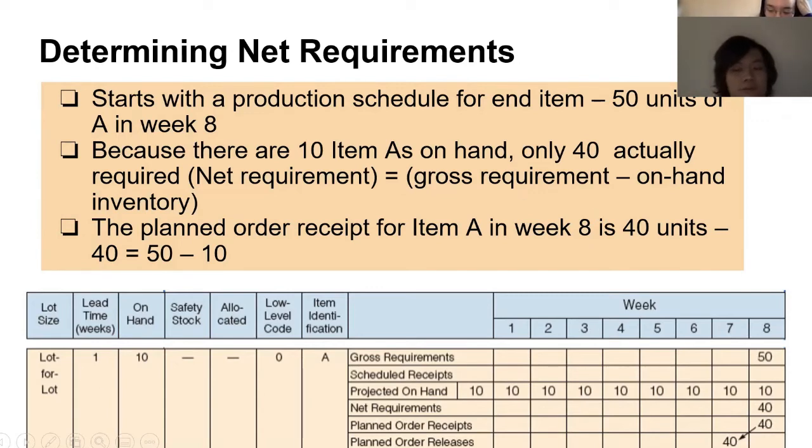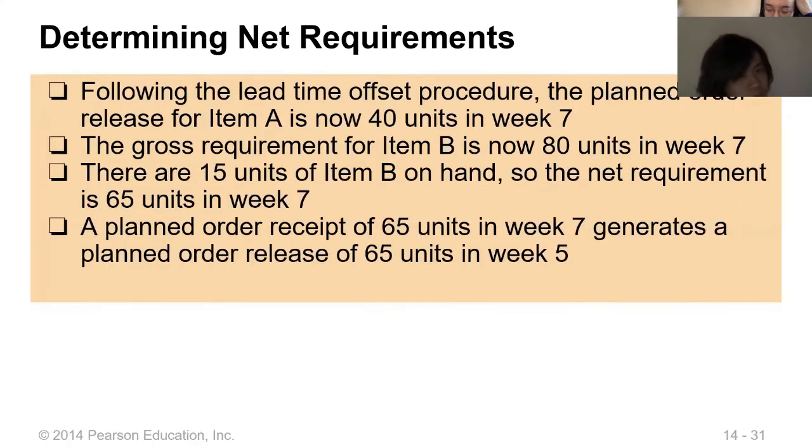So we need to order. That means the product must be produced in week 7, then only it will be completed in 1 week. So we explode it. Okay, we explode to the next level.